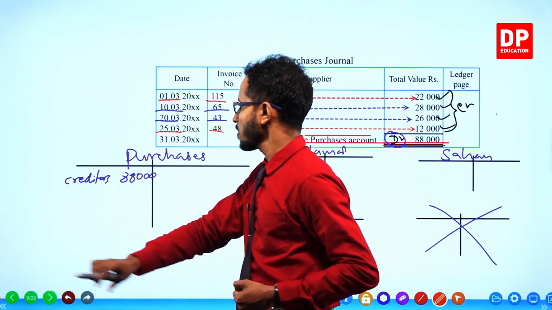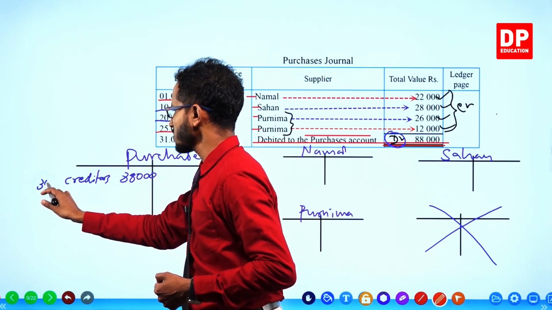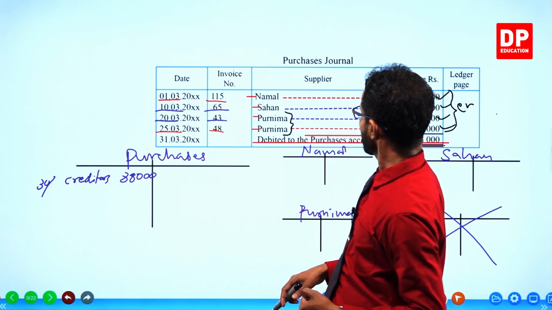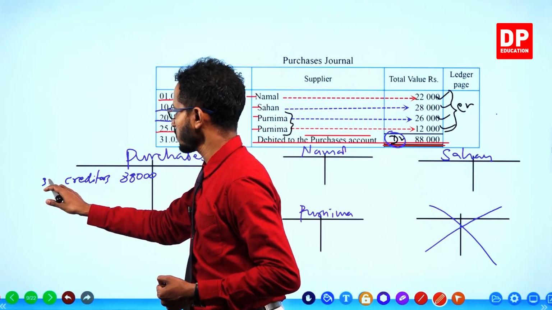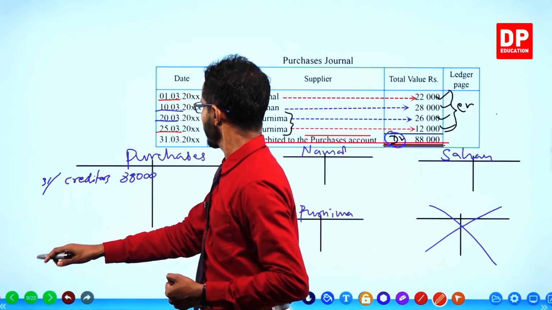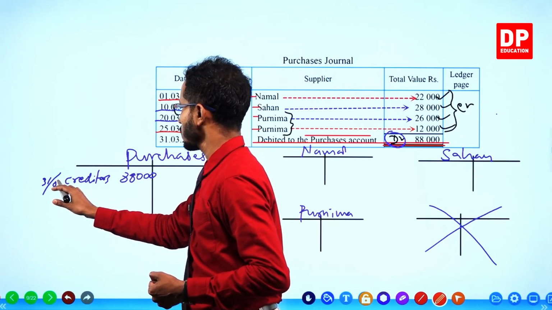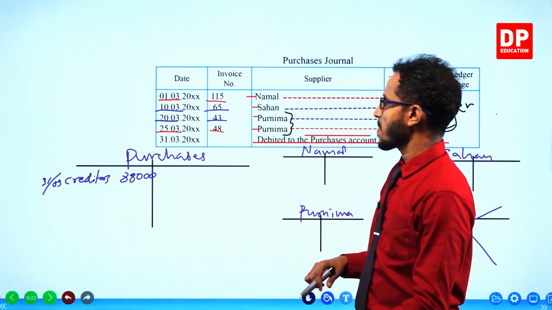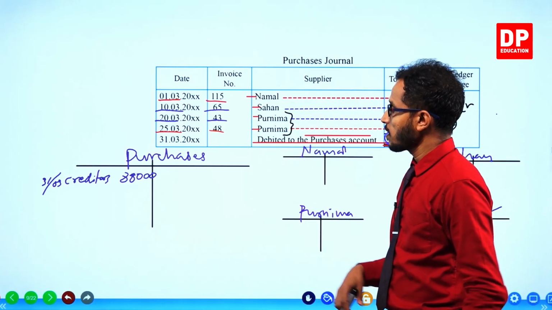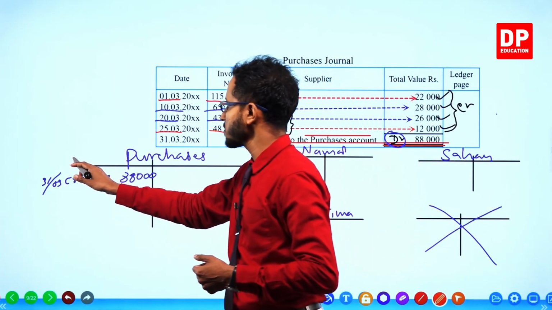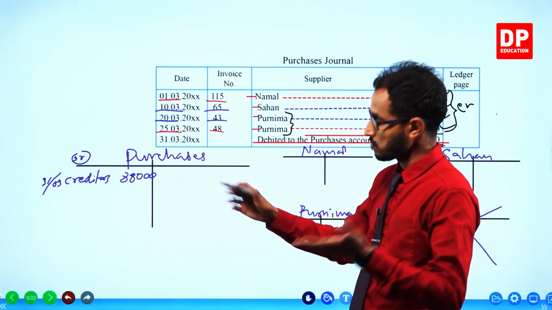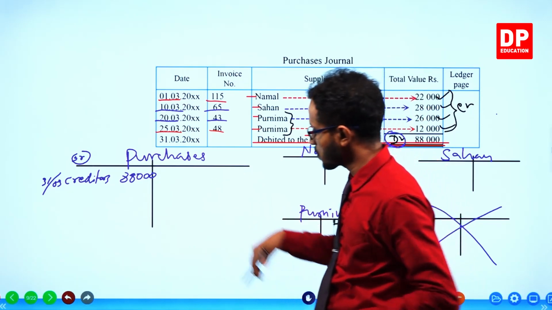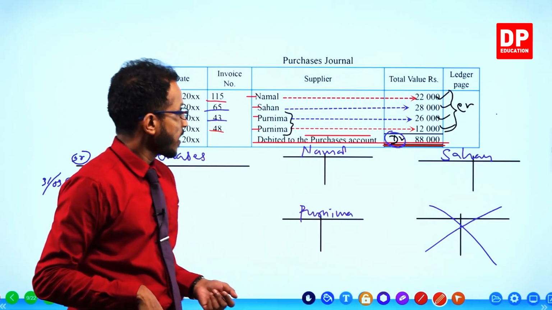Date should be here, the last date of the month. 31st. Purchases account debit side. Total, that is 88,000.